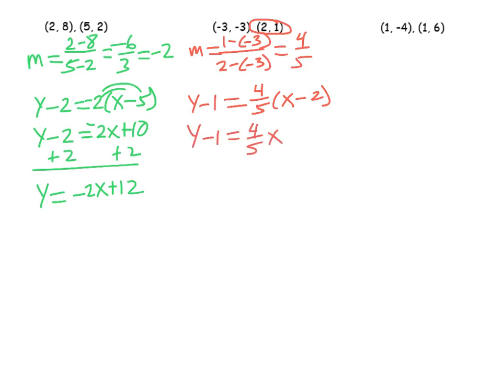Distribute the 4/5, which would give us -8/5. And we'll add 1, but over here with the whole common denominator thing, 1 really needs to be 5/5.